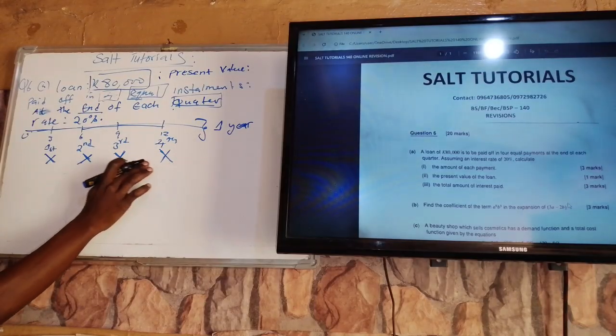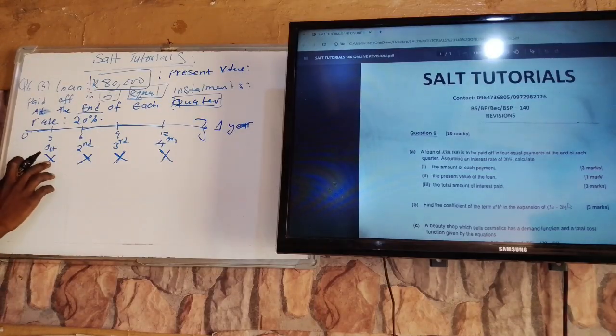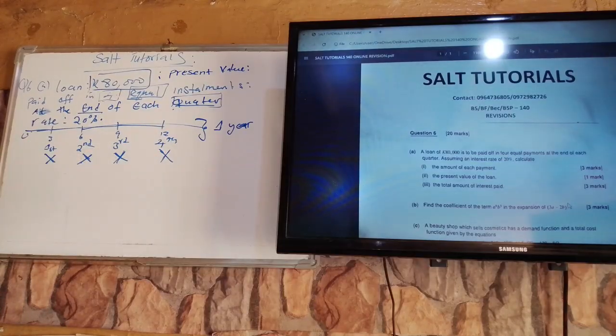Since they are equal, if maybe this X is 2,000 kwacha, even this one will be 2,000, 2,000, and so forth. So what is this equal payment? This is what we want to calculate. So what do you suggest? You look at your question and you say, okay, this is an ordinary annuity.